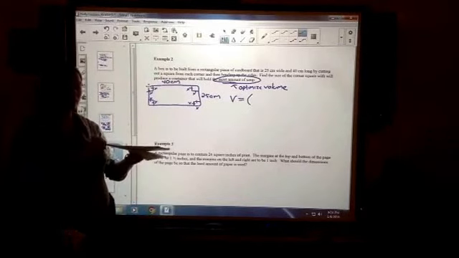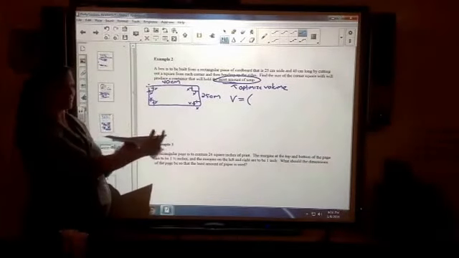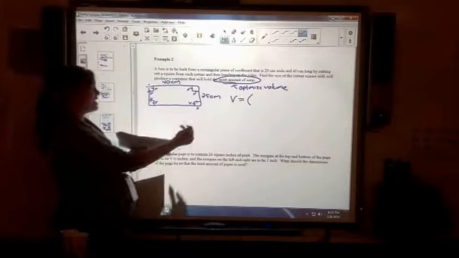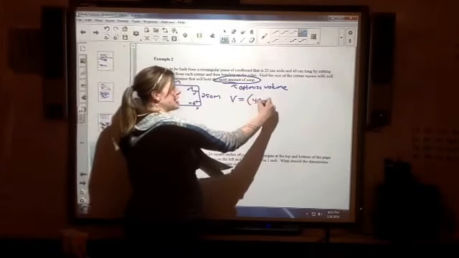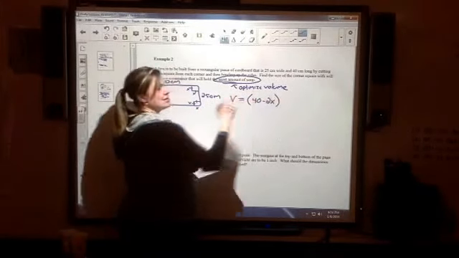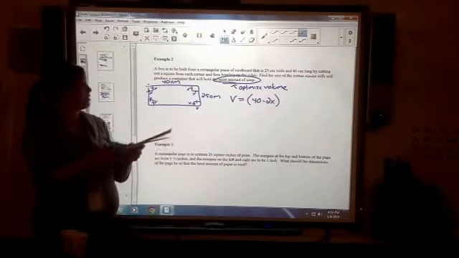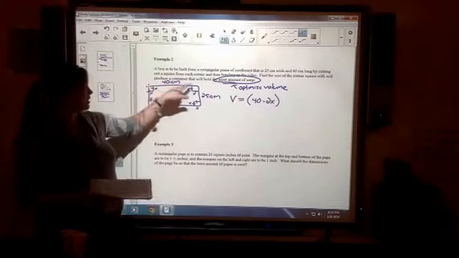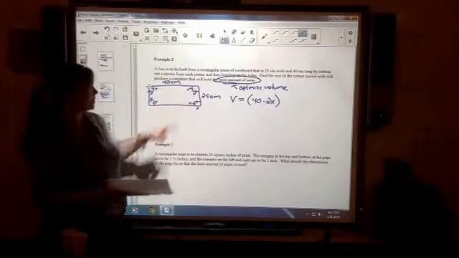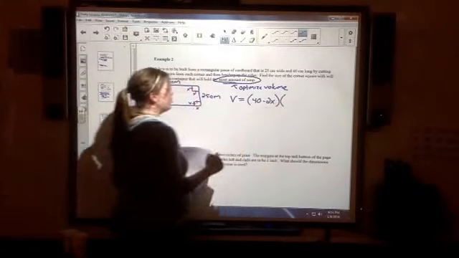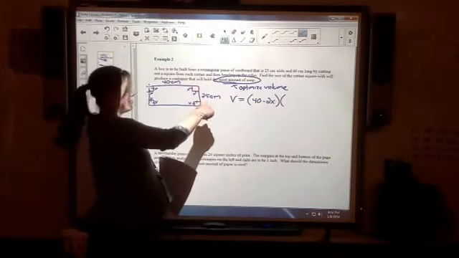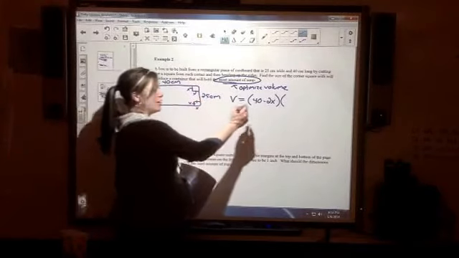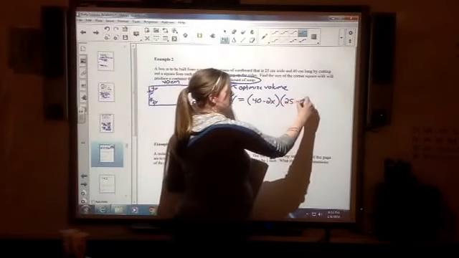But I cut out x on this side and x on this side, so I'm taking 2 x's away on my length. It was 40, now I'm taking this one away and this one away, so minus 2x. Then my width, I did have 25, but again, I'm taking an x away here and an x away here. So I get 25 minus 2x.